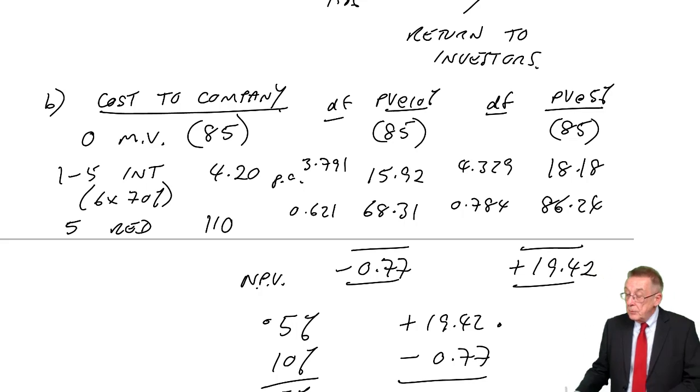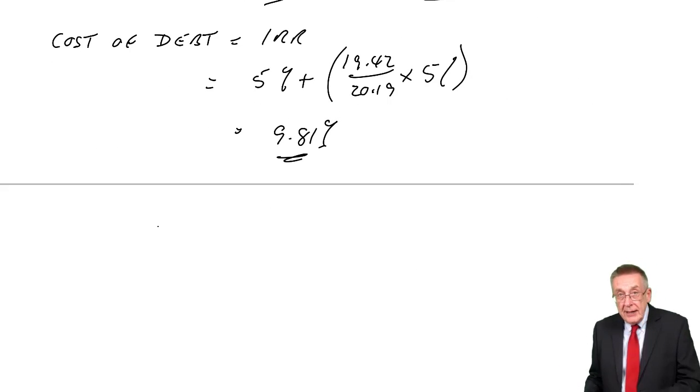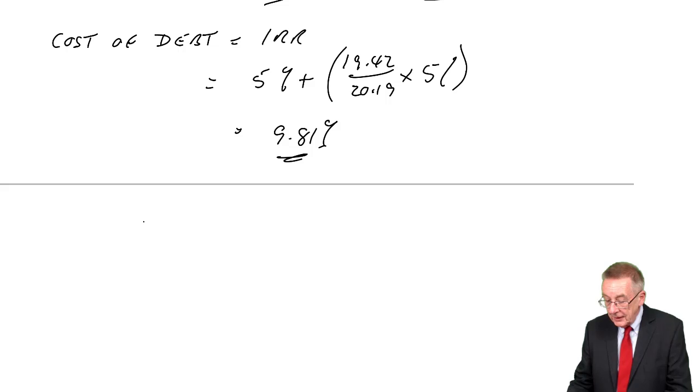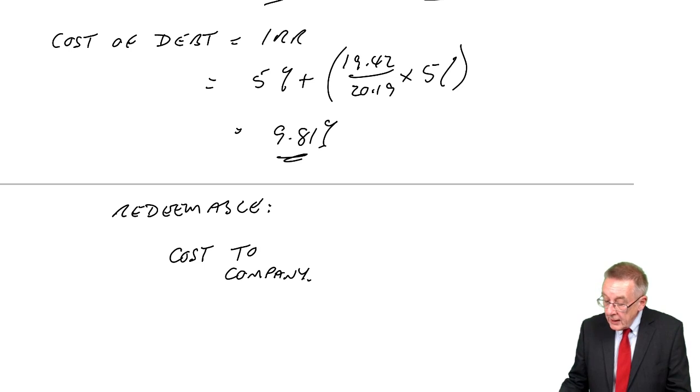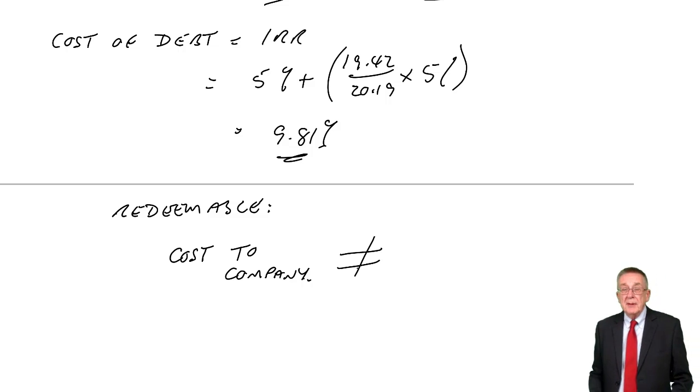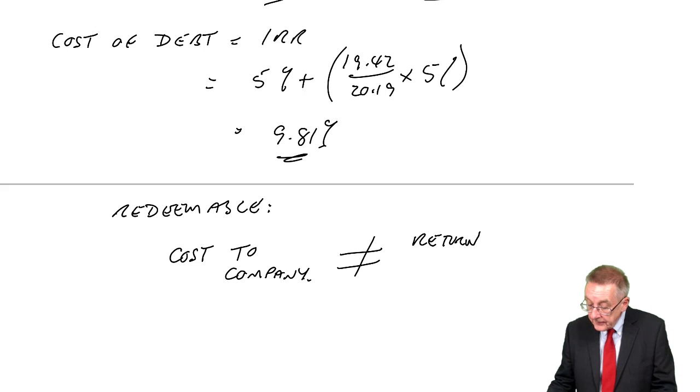One of the reasons that I wanted to do both is to appreciate that when it's redeemable, the cost to the company does not equal the return to investors times 1 minus the tax rate.